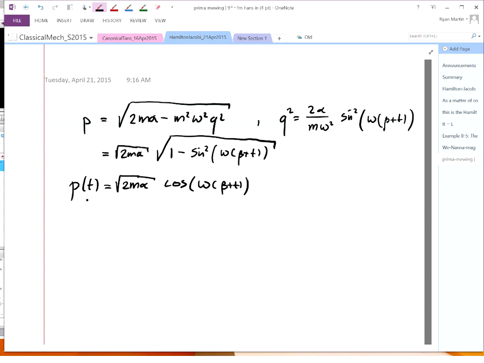Okay, so the next section in the notes is on action angle variables. And that's similar. It pushes the formalism of the Hamilton-Jacobi equation much further. And you should read that section. What it allows you to do is when you have a system that has some periodic motion in it, you can find the frequencies associated with those periodic motions without actually having to solve the equations of motion.